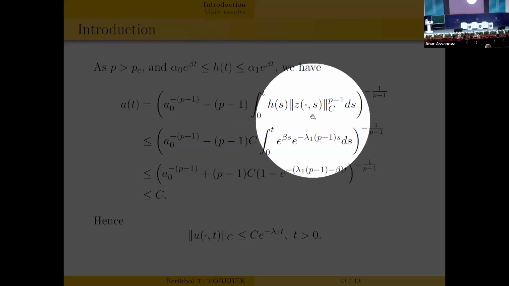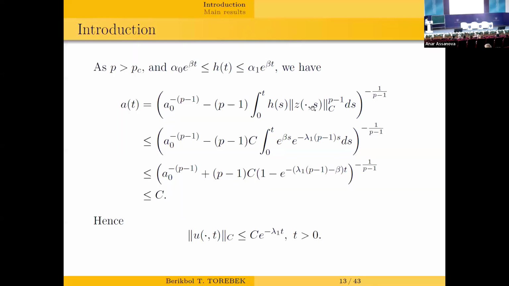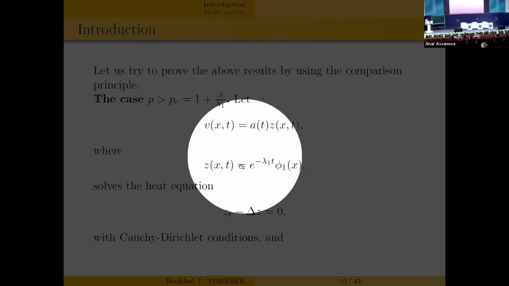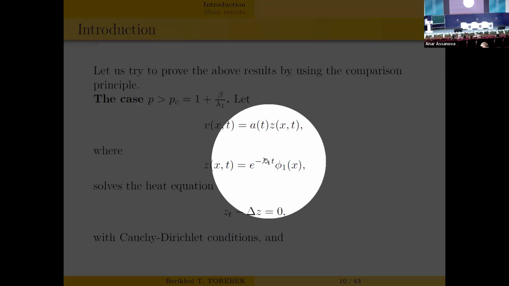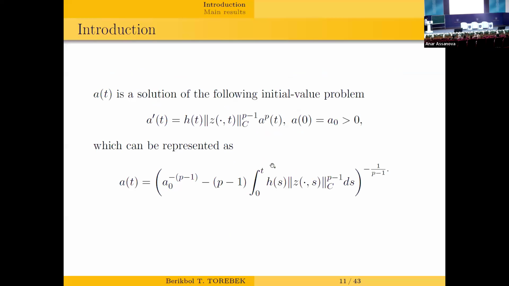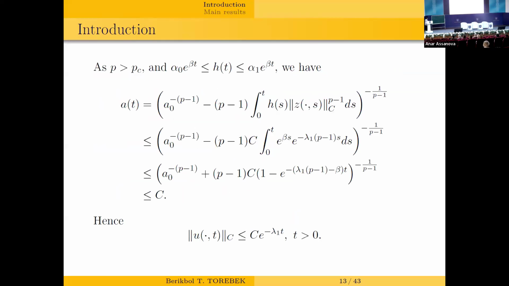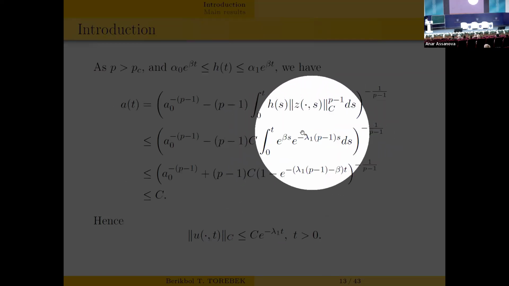And we can also rewrite the function z(s) in this form, and the supremum norm of this function will be some constant. Then we have only the exponential function, and we have this expression inside the integral.